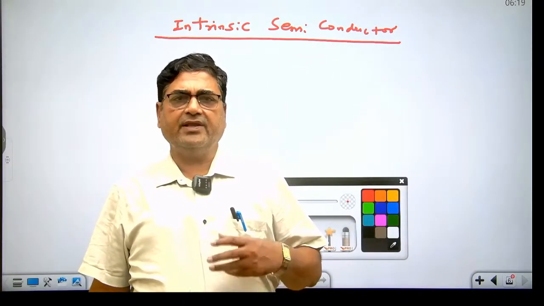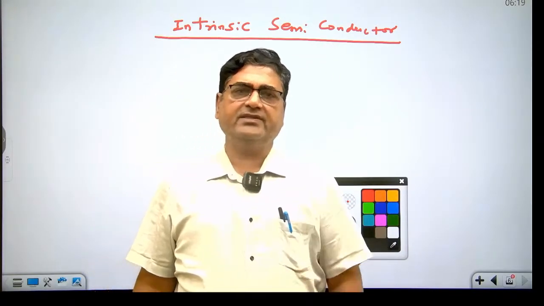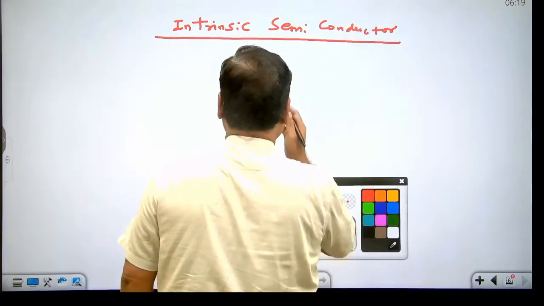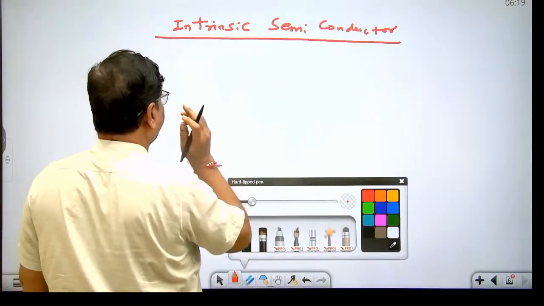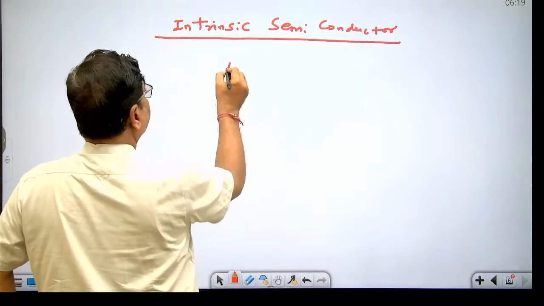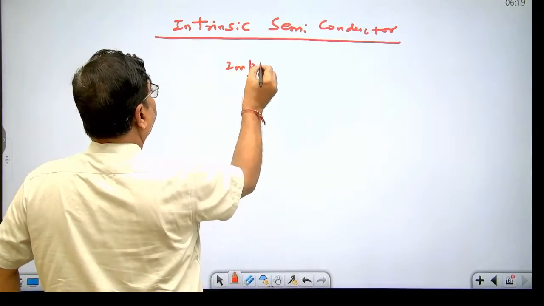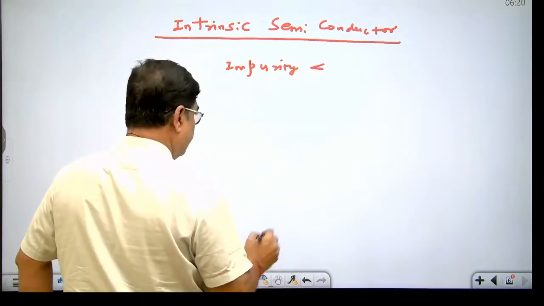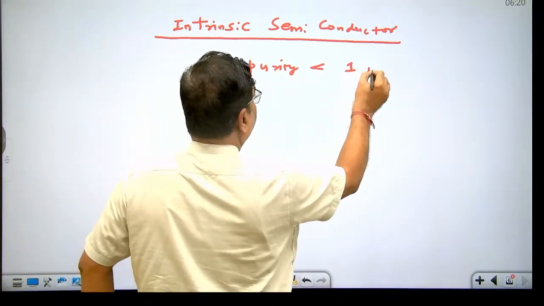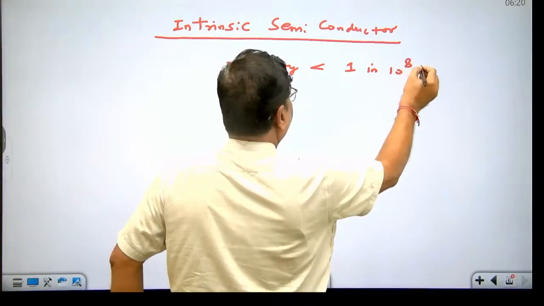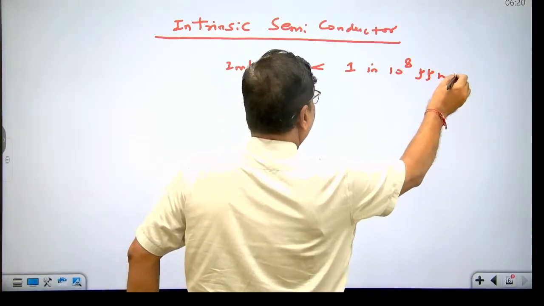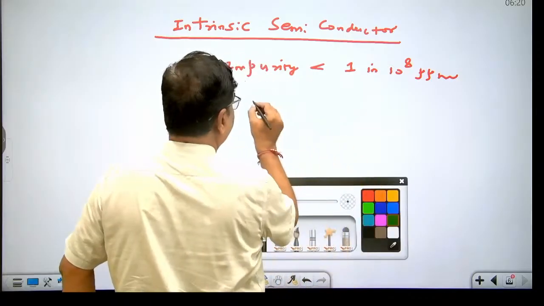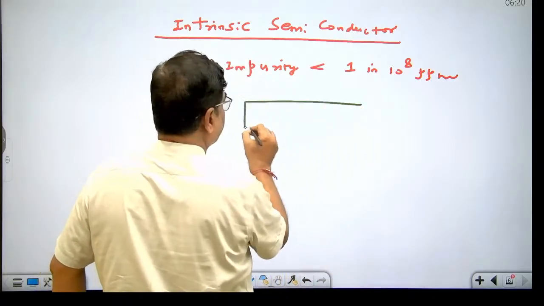A semiconductor in its purest form is called intrinsic semiconductor. Or you can say, when impurity concentration is less than 1 in 10 power 8 ppm, then it is called intrinsic semiconductor.